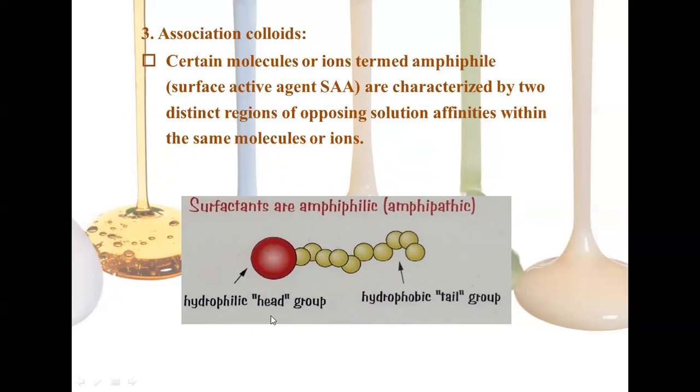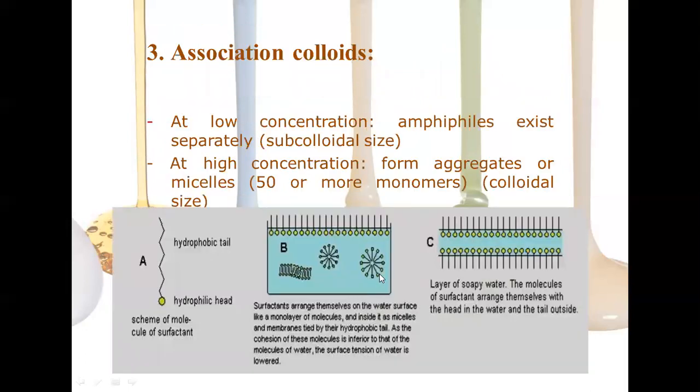The head group is hydrophilic or water loving, and the tail group is hydrophobic or solvent hating, or lipid loving, lipophilic. So in association colloids, at a low concentration, amphiphiles exist separately, at subcolloidal size. At higher concentration, they form aggregates or micelles, of 50 or more monomers, that is, colloidal size.